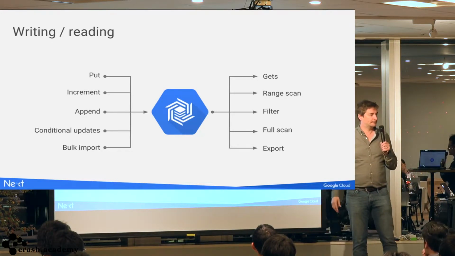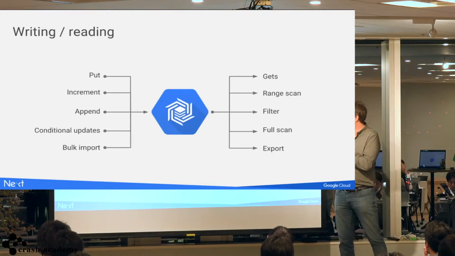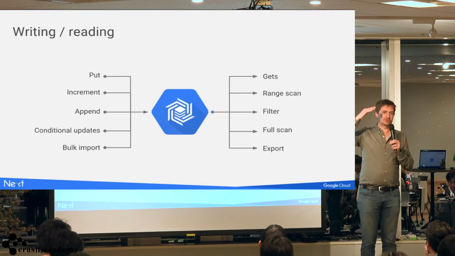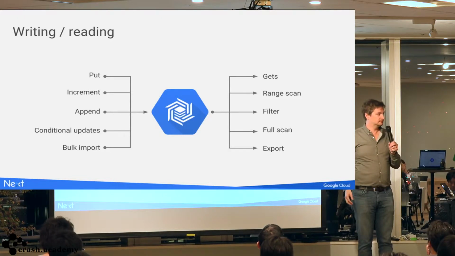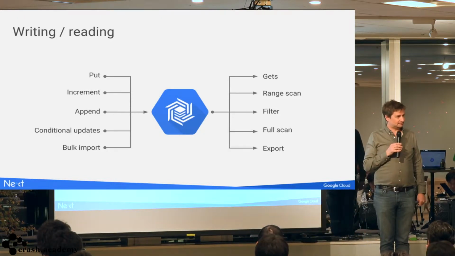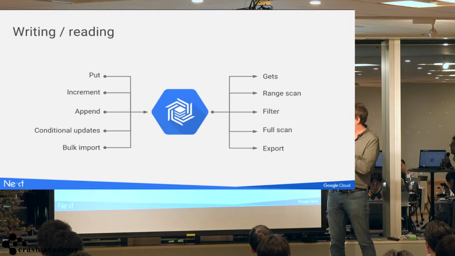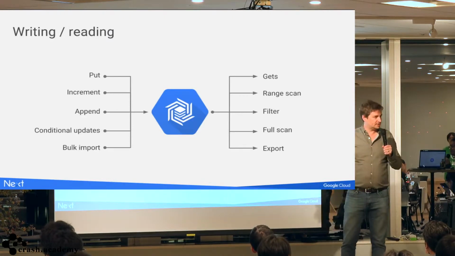A scan returns a range of rows between two values.